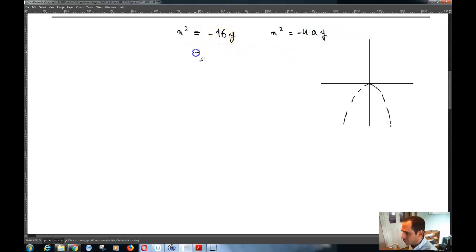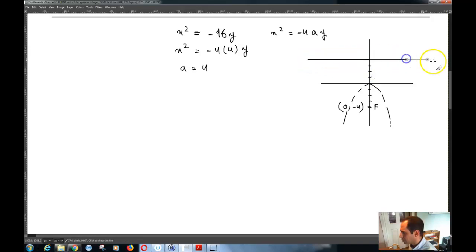Negative 4 times y, and that is x squared, so my a is equal to 4. So 1, 2, 3, and 4 over here. 0 comma negative 4 would be this point over here, which is my focus, and y is equal to 4 is my directrix.